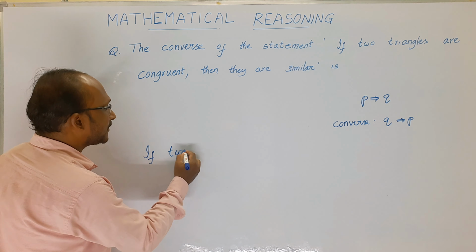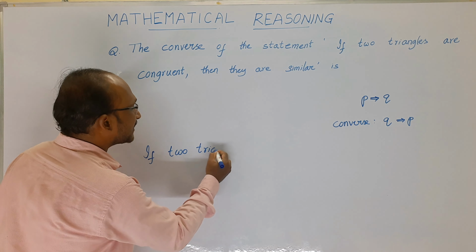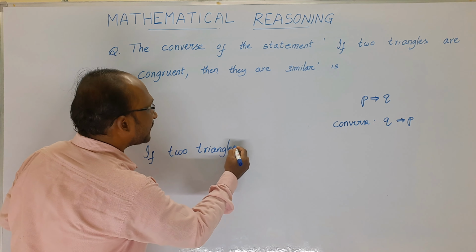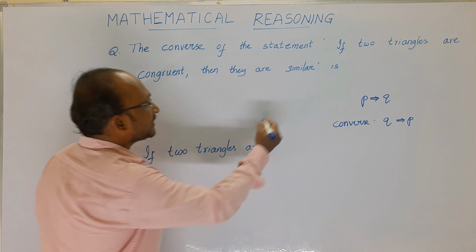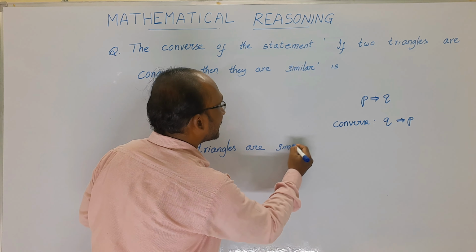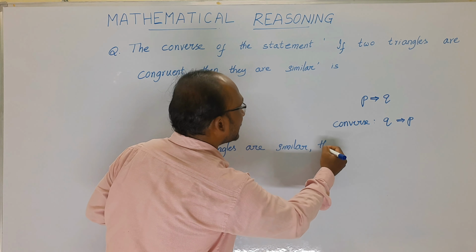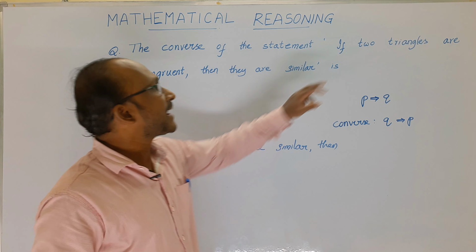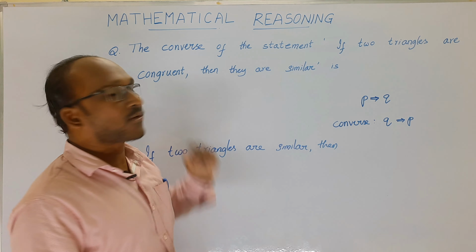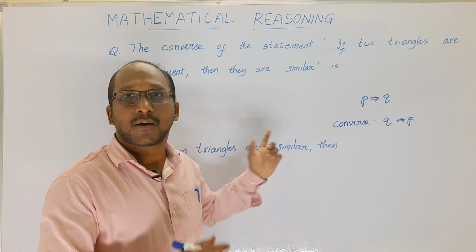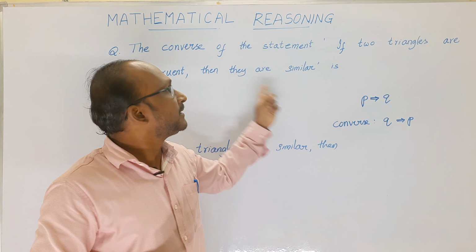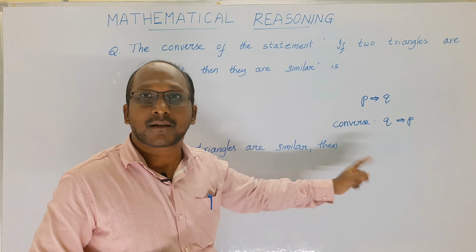If two triangles are similar, then what is the hypothesis? The two triangles are congruent is the hypothesis. Now we are going to write that hypothesis as conclusion.